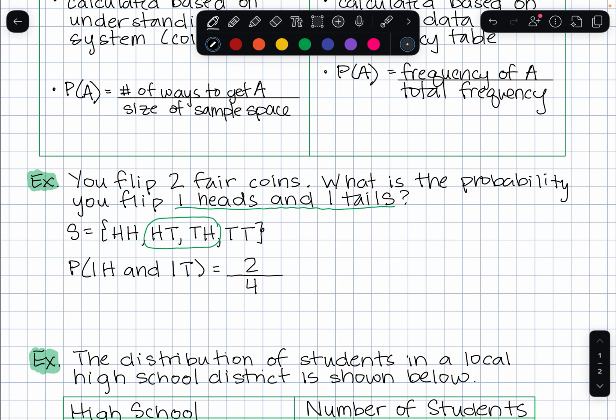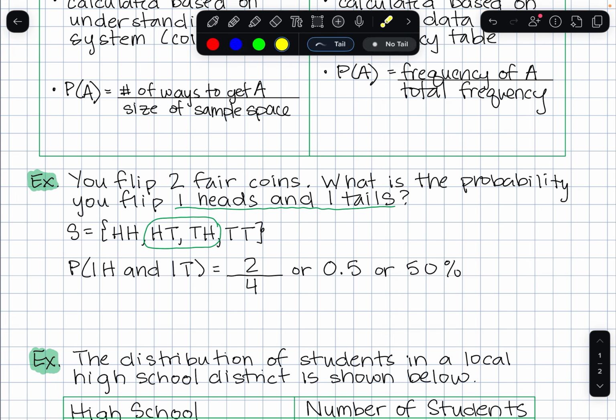You can report it as an unreduced fraction, or a reduced fraction if your calculator auto reduces for you. I prefer the unreduced fraction so I can see how these numbers connect back to the sample space they came from. Or you can report it as a decimal, and 2 divided by 4 is 1/2 or 0.5. Or you can take that decimal and multiply it by 100% and turn it into a percentage.